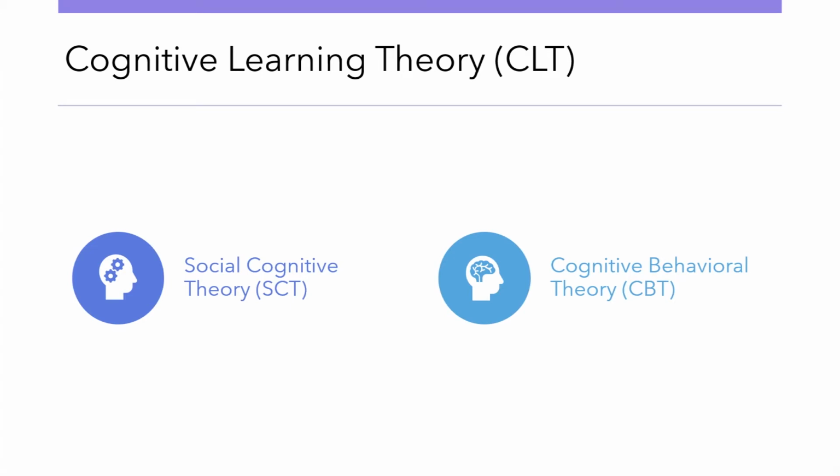Obviously, SCT will help the teacher to create an environment that is conducive to learning, while CBT is more the realm of the counselor who helps the client reformulate ideas about themselves and their situation so they can function well regardless of their environment.